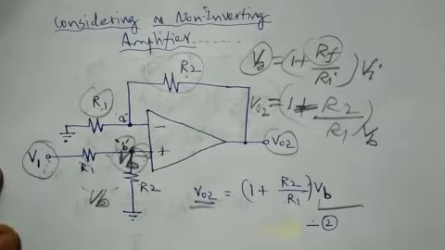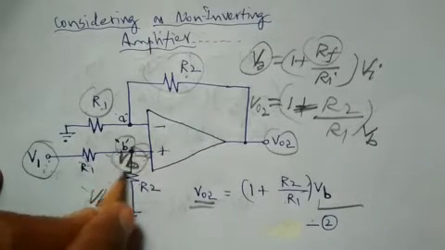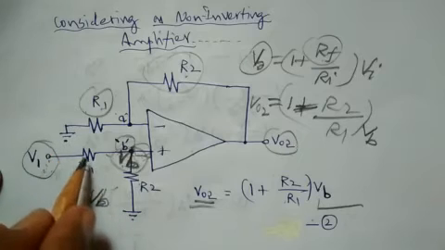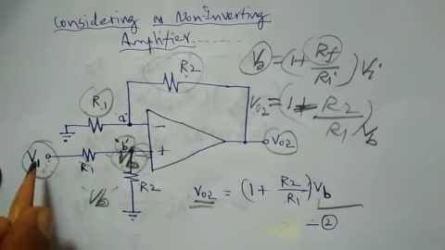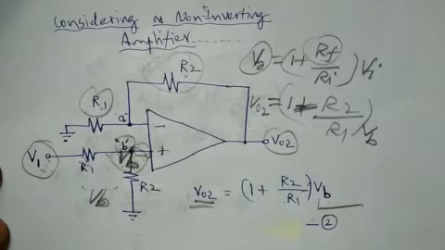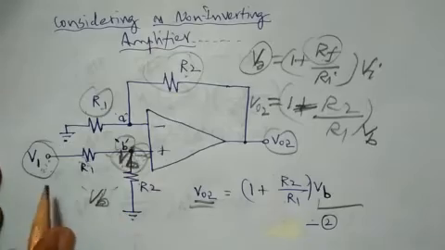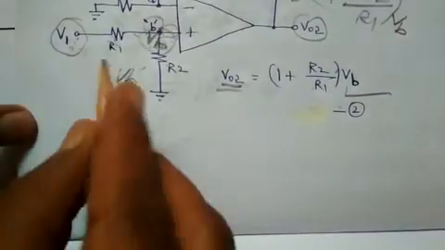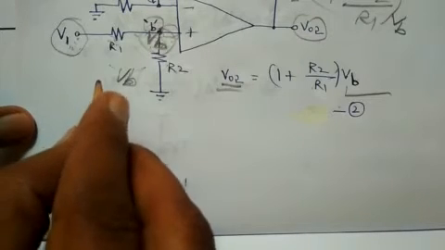And now our aim is to find what VB actually is, with the influence of V1, divided by R1 and R2 separately. We know that a potential divider can be solved by using a logic.